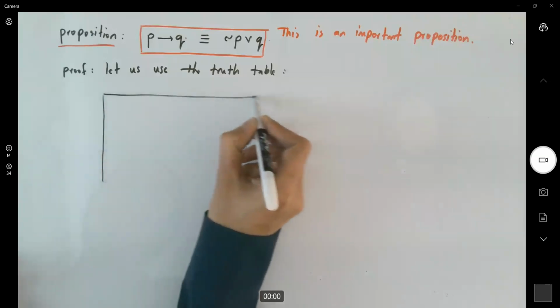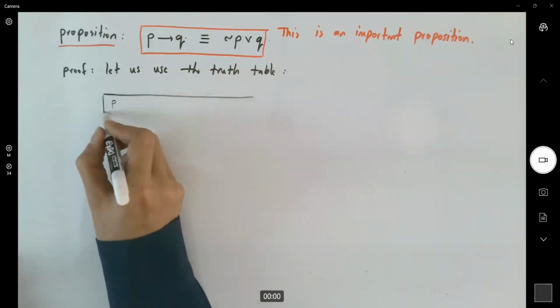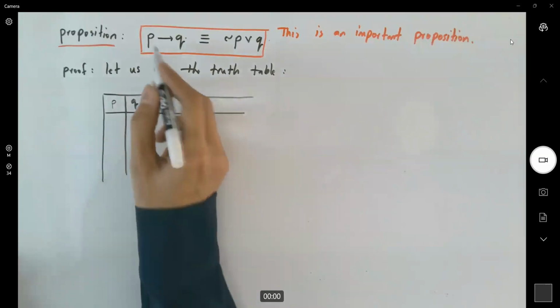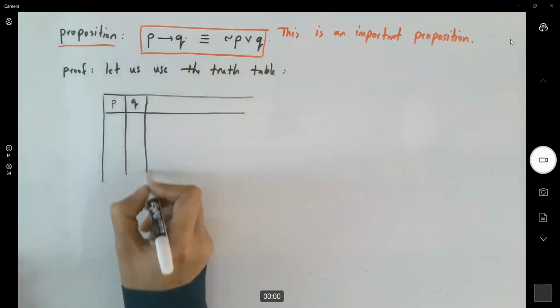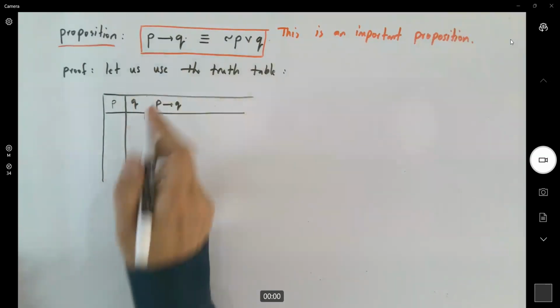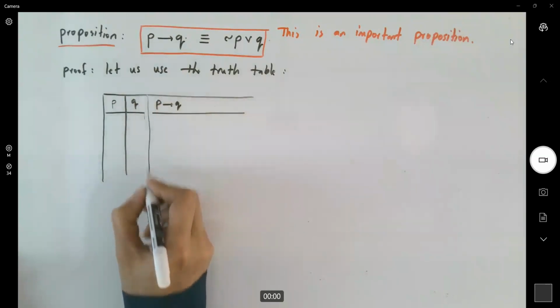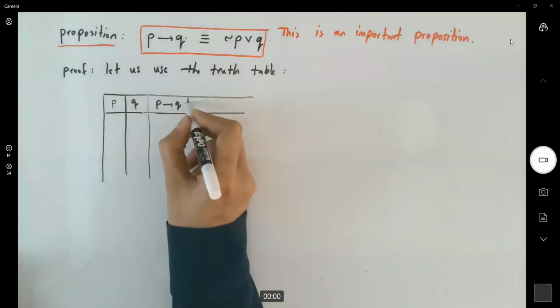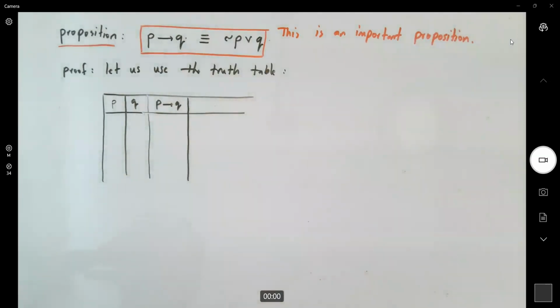Four combinations. Okay. P, Q, P then Q. This is my very first compound statement, P then Q. And not P. I'm going to use a different color.